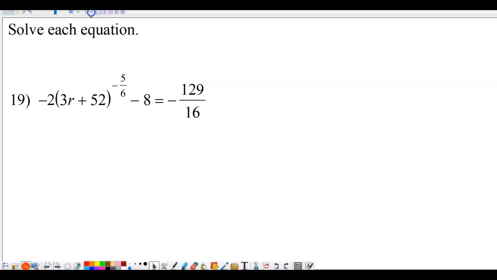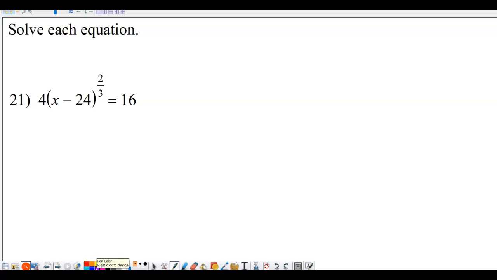All right, and then we'll go ahead and let you guys try one of those there. So go ahead and try number 20. One more type of example I wanted to go over with you guys here was this type of problem. You'll see what's different about it as we work our way through. So the first thing we're going to do is get rid of the outside number 4 by dividing both sides by 4.